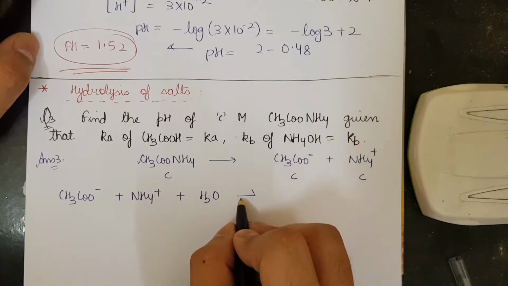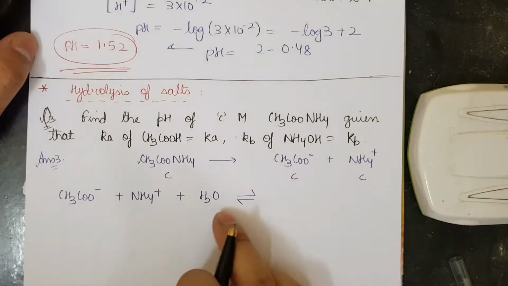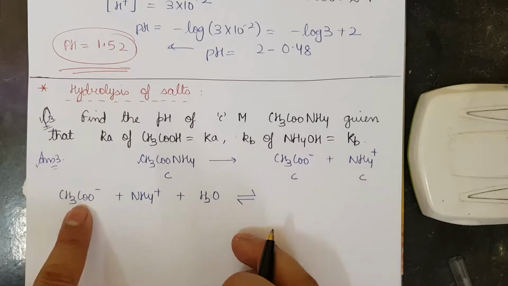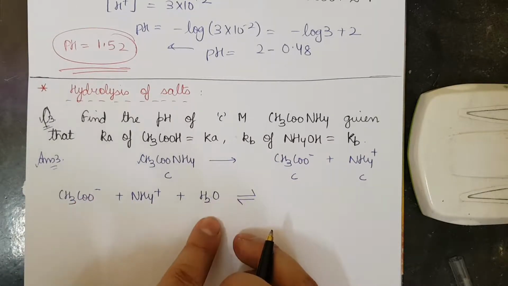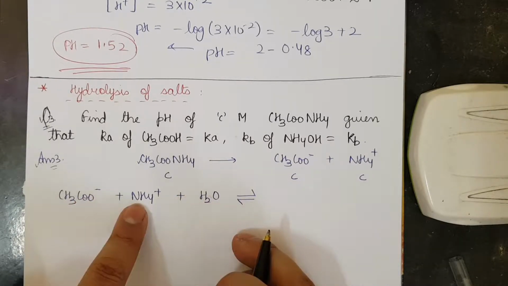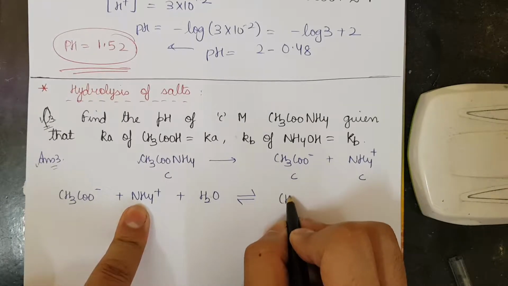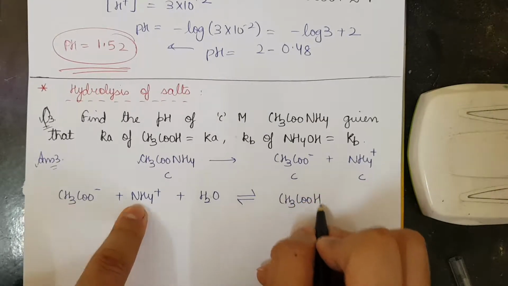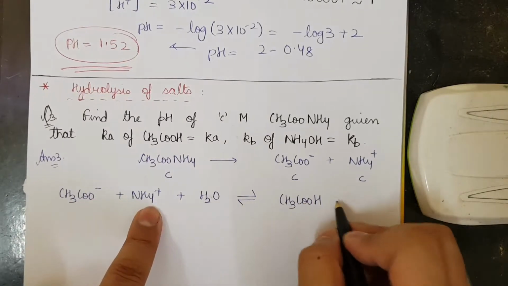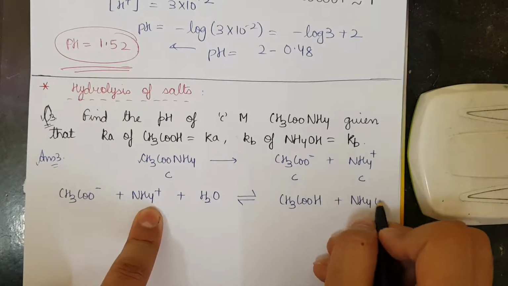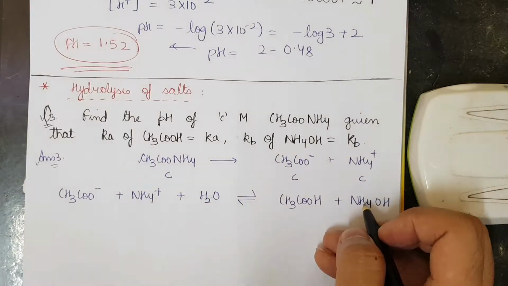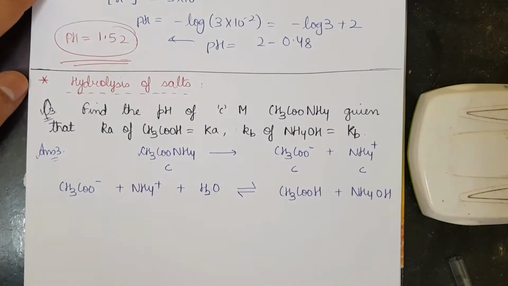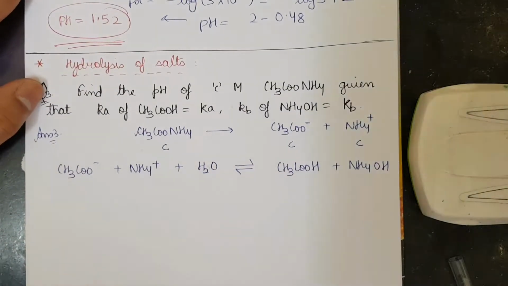So when water is added to the solution, we get H plus, which joins with the CH3COO minus, and we get OH minus, which joins with the NH4 plus. So what we get basically is CH3COOH, as H plus goes here, plus NH4OH, as the OH minus goes here. Very basic thing. This should be understood by you from organic chemistry also.